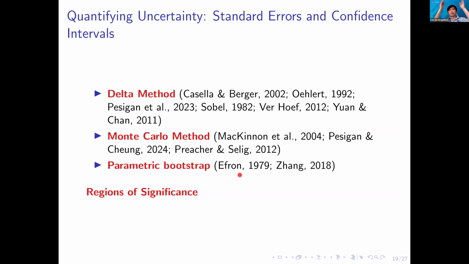And from the distribution of the simulated parameters, you can create confidence intervals. The difference between the Monte Carlo method and the bootstrap is that in the Monte Carlo method, you do not require refitting the data many, many times, which can be computationally expensive, especially in the context of continuous time models.